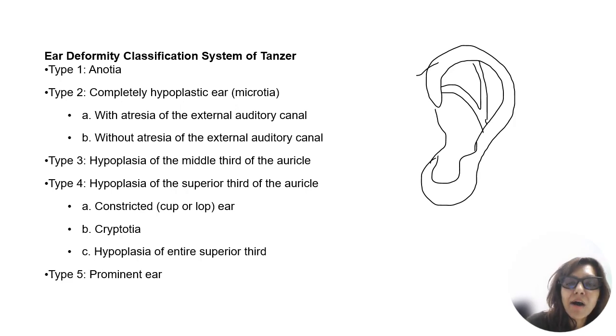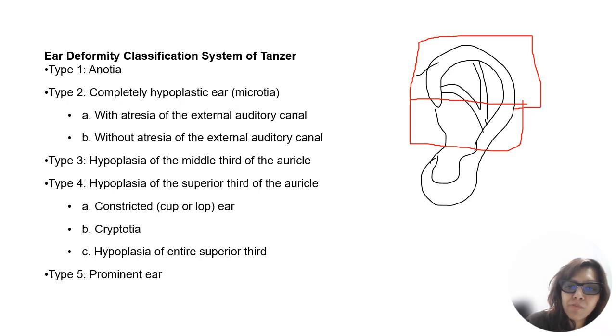Then you've got microtia or a small ear, but it may or may not involve atresia of the external auditory meatus. So you've got no ear, then you've got a small ear, then you've got hypoplasia of the middle third of the auricle, followed by hypoplasia of the superior third of the auricle, followed by a prominent ear or a larger ear.